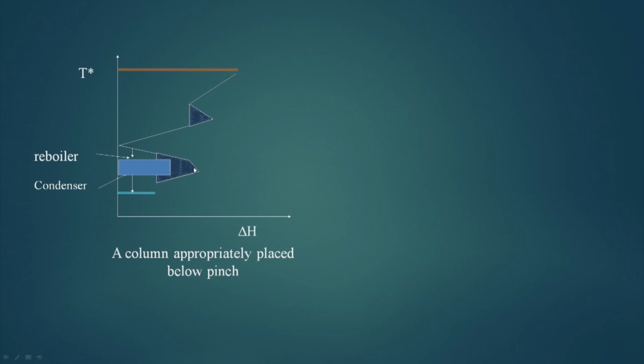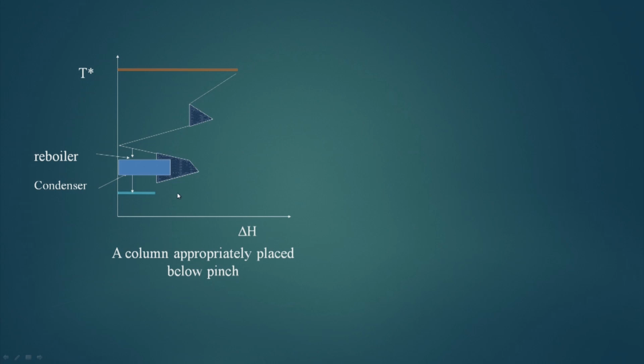This part of the process stream is giving heat to this part of the process stream, and a portion of the condenser of the distillation column is giving heat to this portion of the process stream, and this portion of the condenser is pushing heat to the cold water.